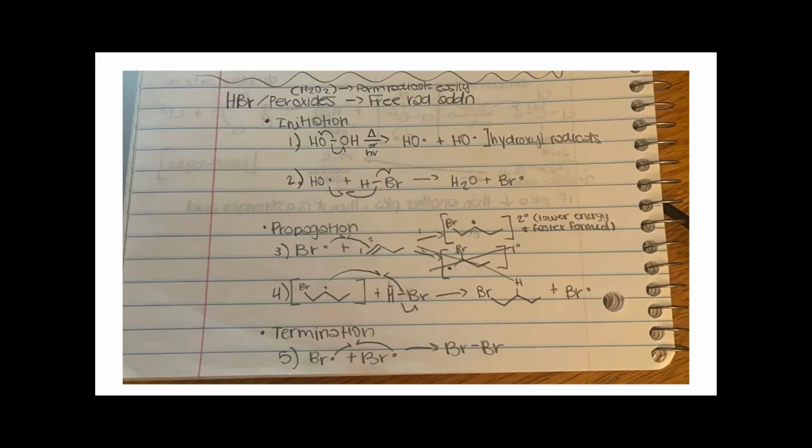Okay, so for free radical addition, first you have your initiation step, and in this case, we're talking about adding HBr and peroxides to an alkene. So that's why you would use this to go from an alkene to an alkane.